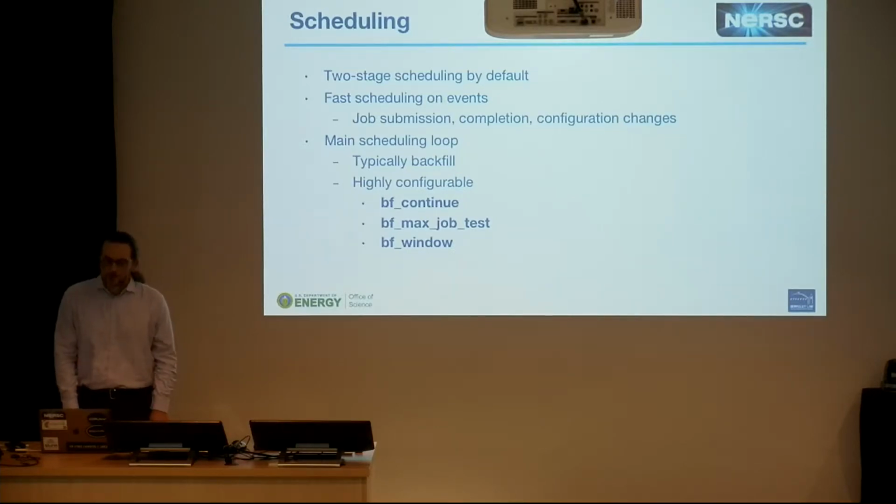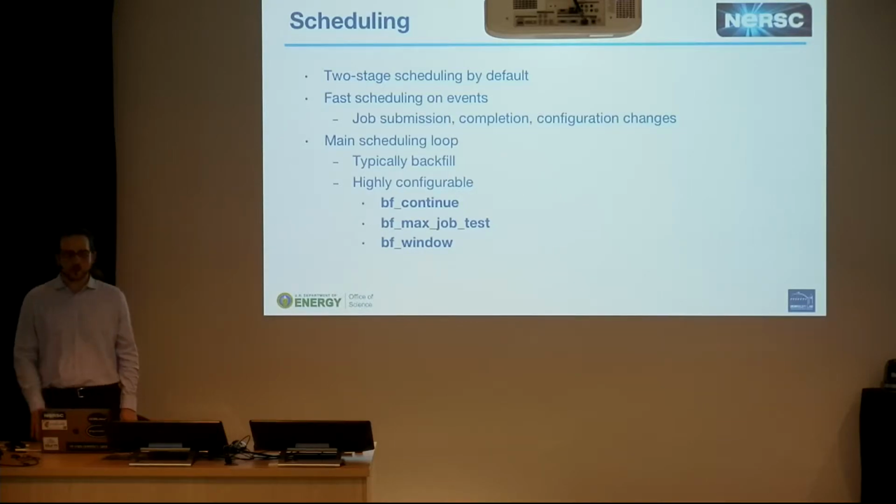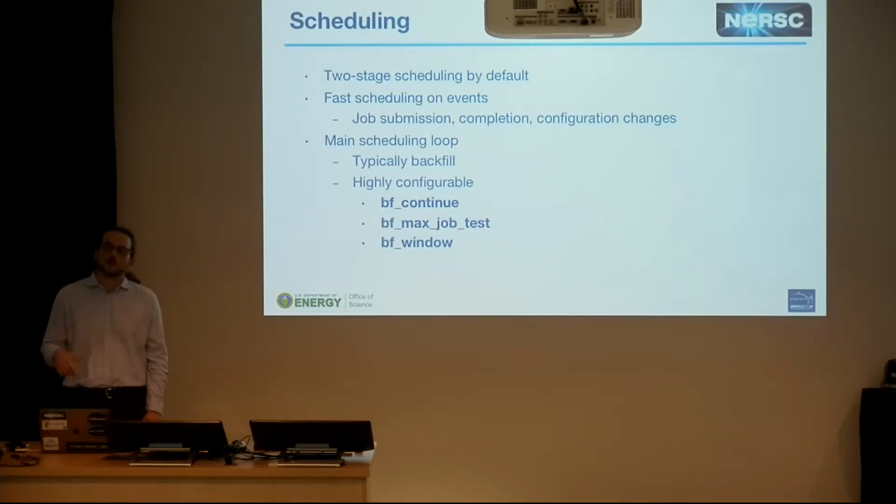I think that behavior can be turned off. So if you run an excessively high throughput cluster and that's detrimental to you, you can turn the behavior off, and then you only get basically backfill or FIFO or whatever you like. This fast scheduling happens not only on job submission but also on job completion and on configuration changes.